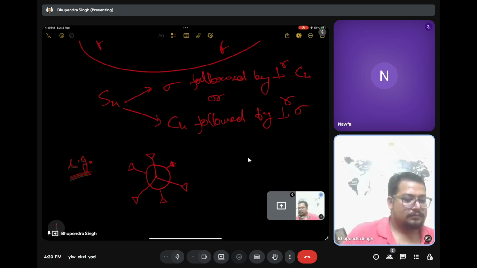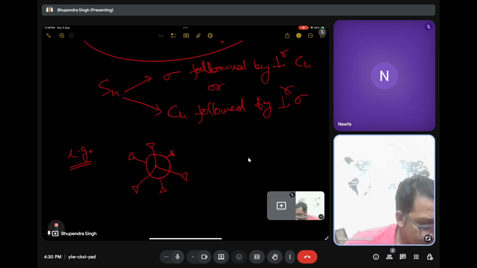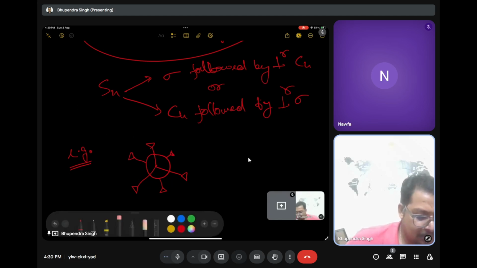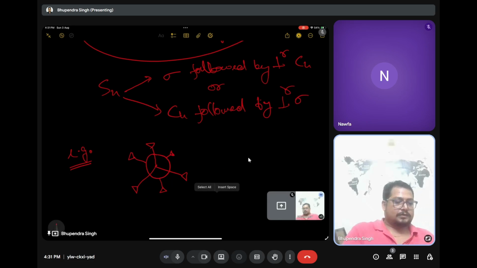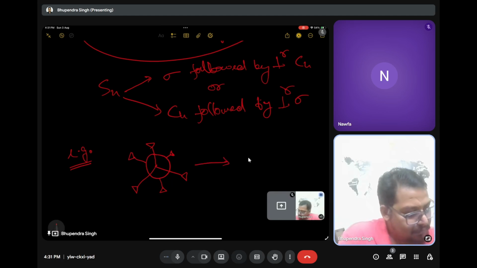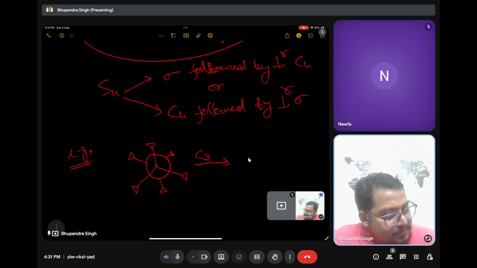So if you do this, let's say first apply the axis of symmetry. So here C3, let's say C3 is present. So what will happen?